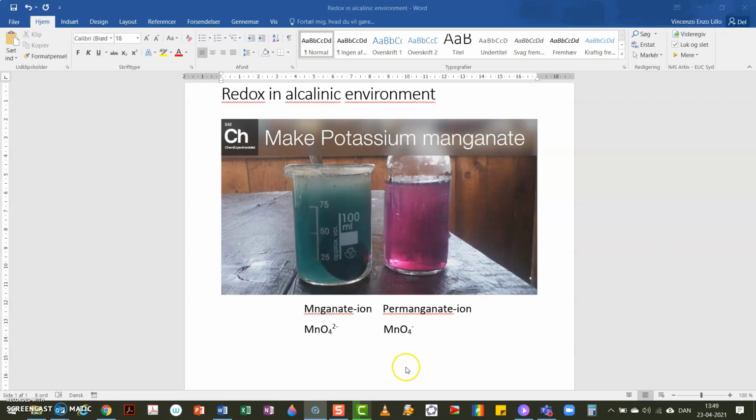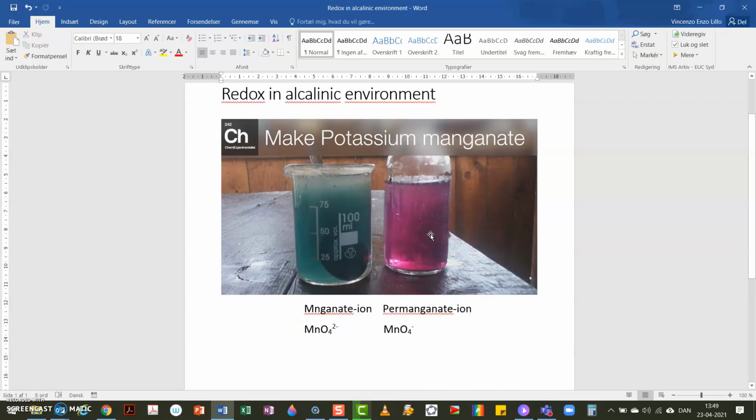So we have a compound you have met before, the permanganate ion, formula MnO4 minus. And if you let it react with something else in an alkaline environment, it becomes manganate ion.